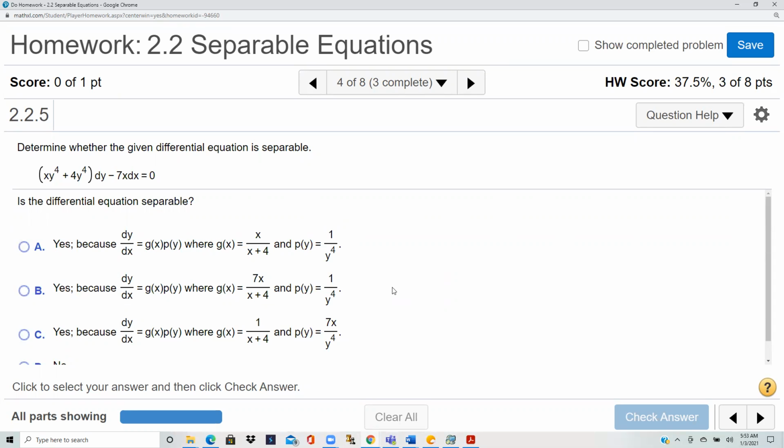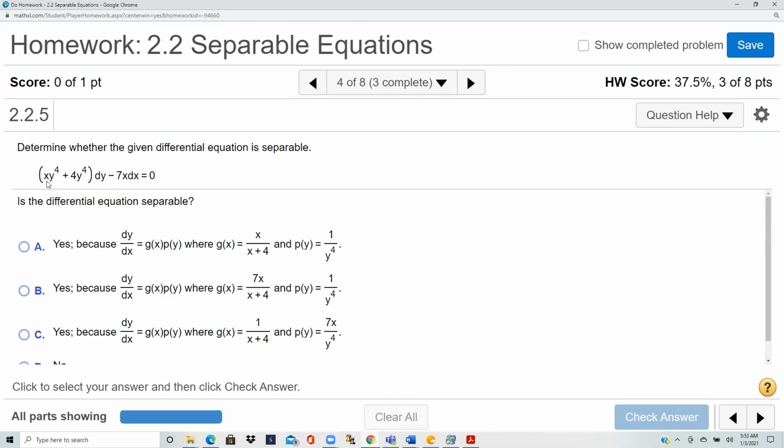Determine whether the given differential equation is separable. First we have to write it as dy over dx is equal to something. So the first step will be I can move this negative 7x dx to the right side.